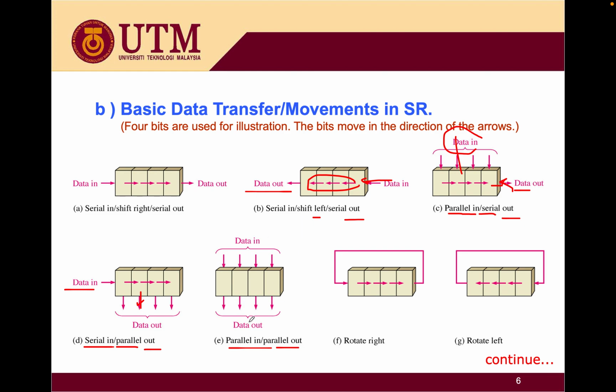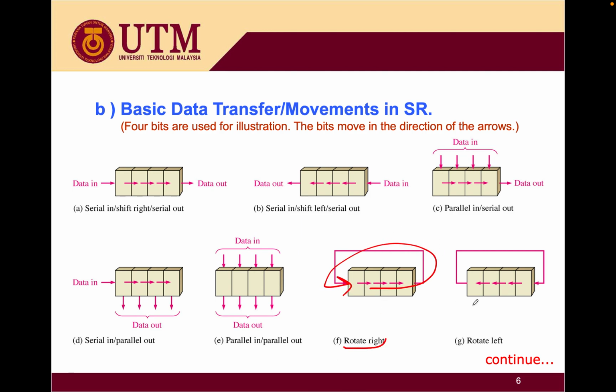In these two scenarios, there is no shifting to the right or to the left, because it's not including the shifting part. And for this one, it is rotate to the right, it is continuous, and this is rotate to the left. So that is the basic data transfer movement in your shift register.